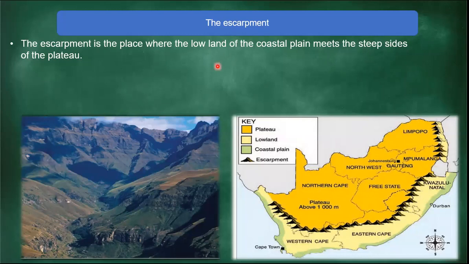The plateau is these upper lands. So they are meeting here, which means the escarpment is between the coastal plain and the plateau. Did you get that?